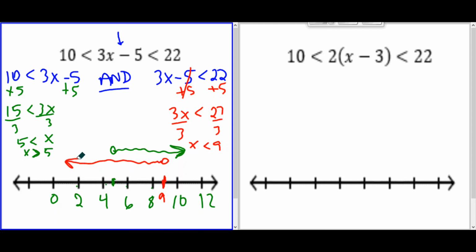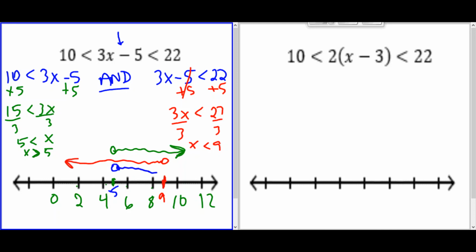Now, where does the green piece and the red piece overlap? Notice my green goes as far as 5. Since it has to satisfy both inequalities, I'm going to put an open circle at 5. Notice it's an open circle because 5 is not included, since I do not have the equal to sign there.